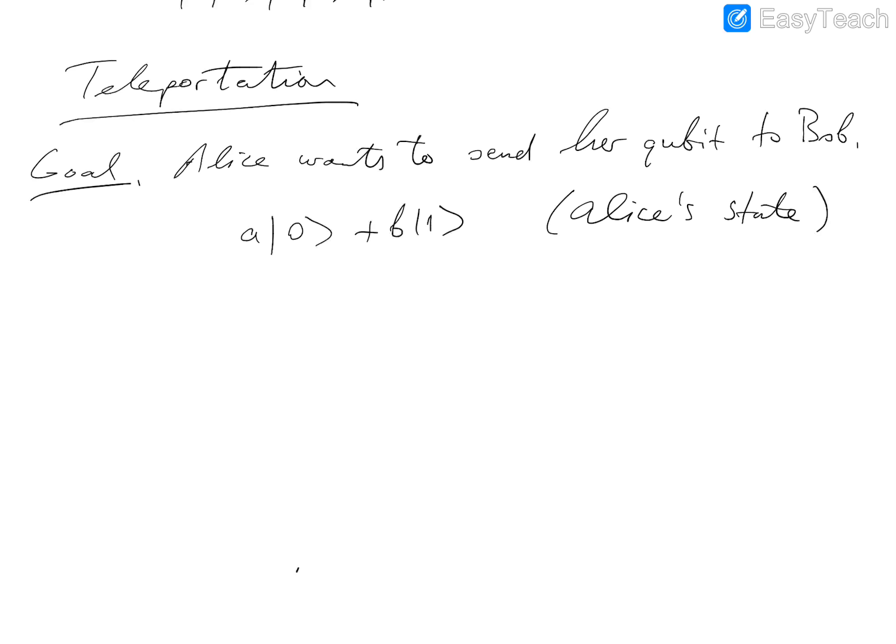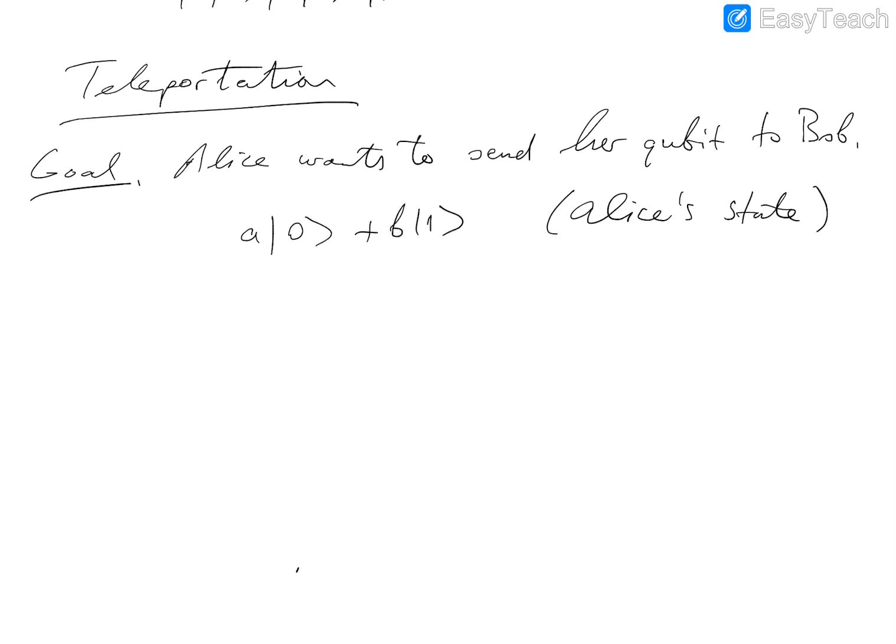She will actually send two classical bits, but she will encode these bits in such a way that Bob will receive one qubit. That's the idea behind the teleportation protocol. The way we do this is by sharing an EPR pair between Alice and Bob.